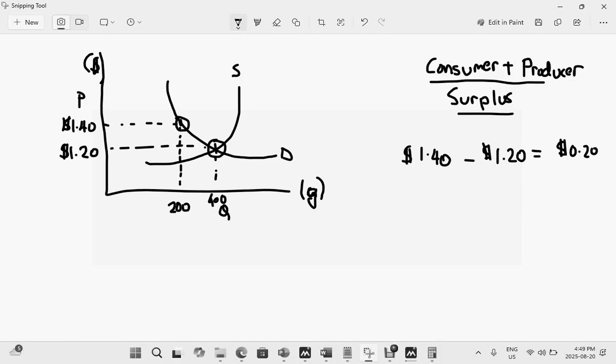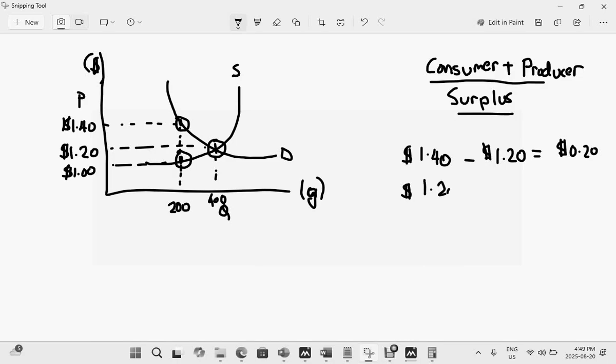Whereas for the producer surplus, let's say the producers were willing to accept and receive, this is your supply curve over here, $1 per gallon for gasoline. So this is $1, and this will be $1.20.